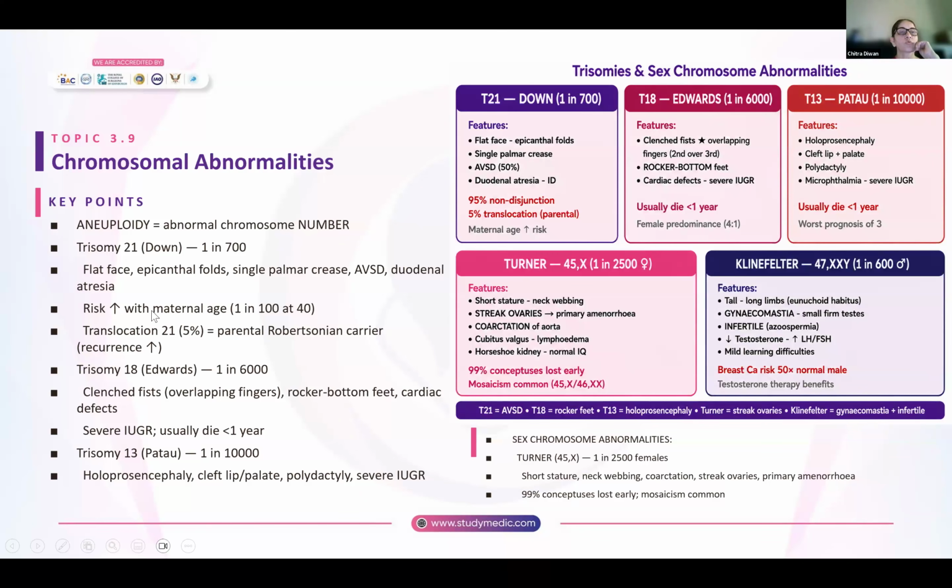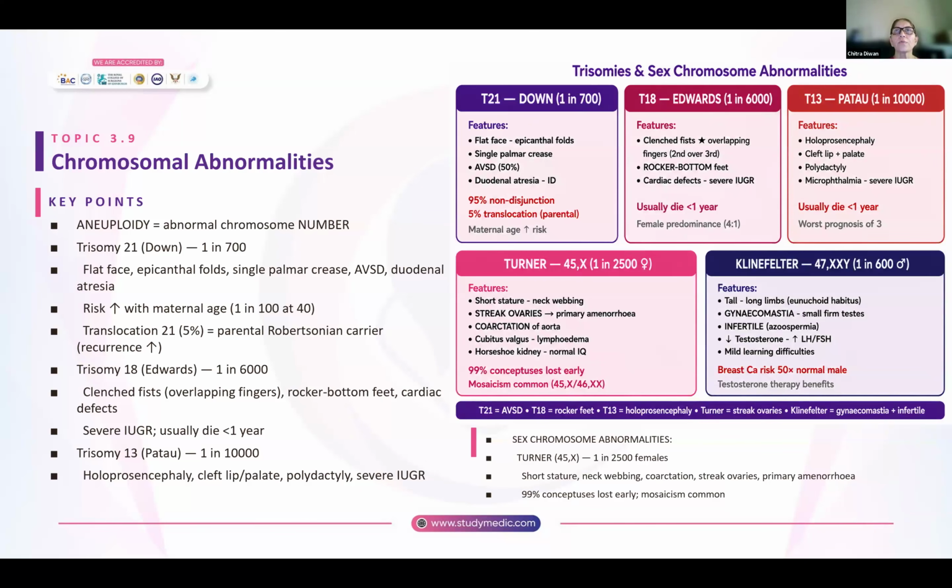If translocation happens in these acrocentric chromosomes, and if one of the parents is a carrier of this Robertsonian translocation, then you could be getting repeated episodes of Down syndrome in the offspring.